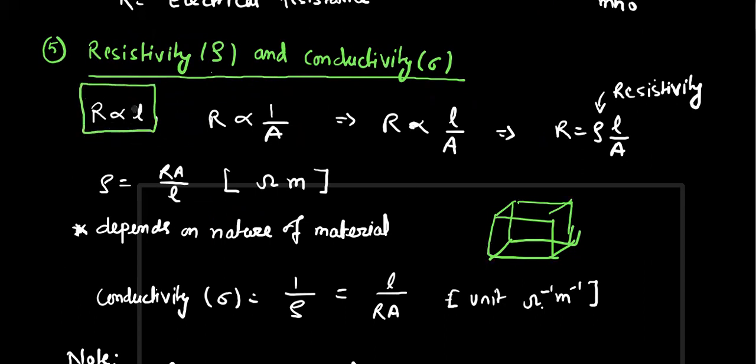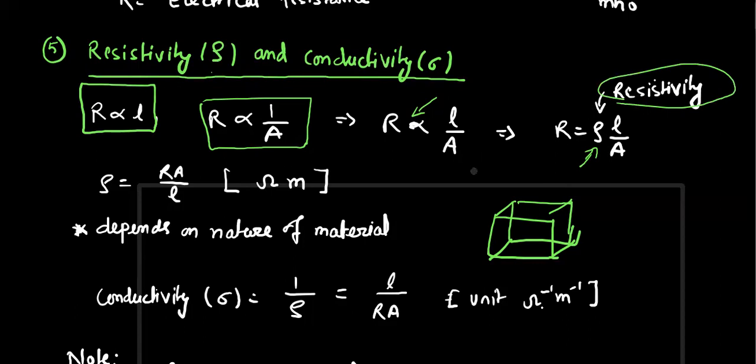Resistance depends directly on length. Resistance is inversely related to the area, and if we combine these, we'll get this kind of expression. And to replace this proportionality symbol, we have to insert one parameter here, and this is known as resistivity. On rearrangement we can get this expression for resistivity, and its unit is ohm meter in SI.